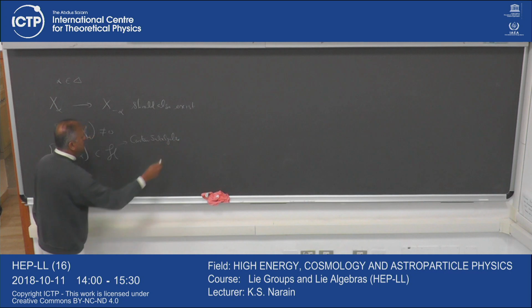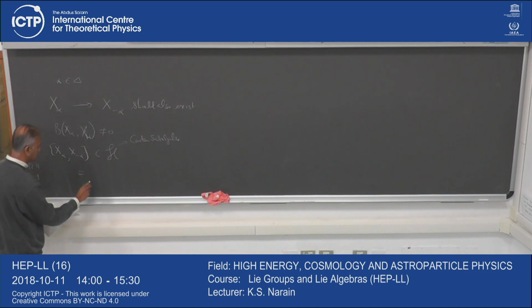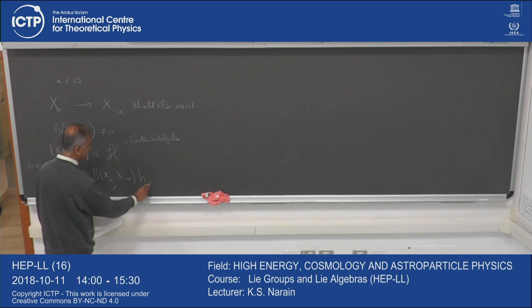We proved, in theorem 12.4, the first one of that, that this is equal to B(x_alpha, x_minus_alpha) times H_alpha.